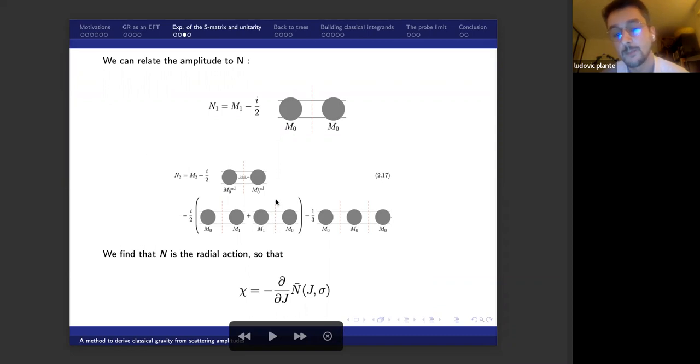At 2 loops you expect 2 velocity cuts, right? Here it's the case, for example, but this is cancelled in matching. So these pieces that are h bar over h bar, which seem to be a mix of superclassical and quantum, like this box bubble, are also cancelled in the matching.